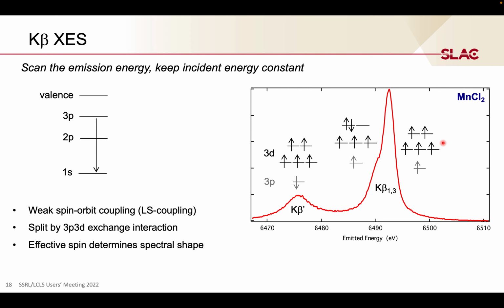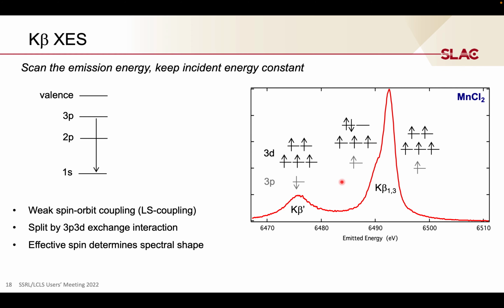Now, when you flip the 3p spin, the energy changes. Think about Hund's rules. It's at a higher energy, meaning it's a lower emission energy. And they're split by like 12 eV or 13 eV. It's quite a bit. And you have some more structure in here, which is due to different 3d configurations.